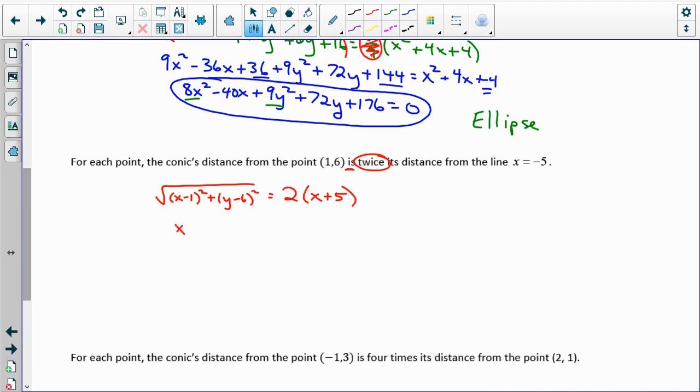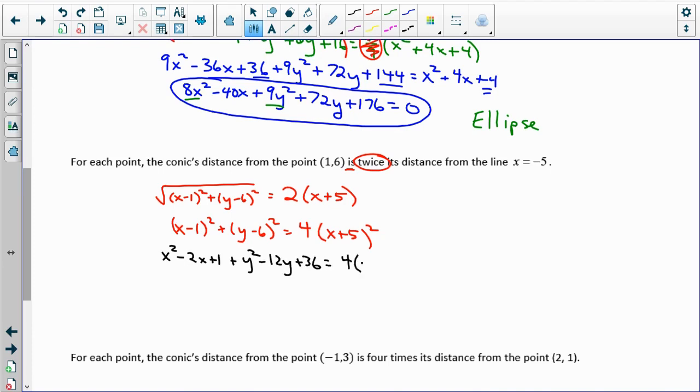So now when I square both sides, I have x minus 1 squared plus y minus 6 squared equals 4 times x plus 5 squared. 2 squared is 4, so that's something that's kind of important to keep in mind. X squared minus 2x plus 1 plus y squared minus 12y plus 36 equals 4 times x squared plus 10x plus 25.